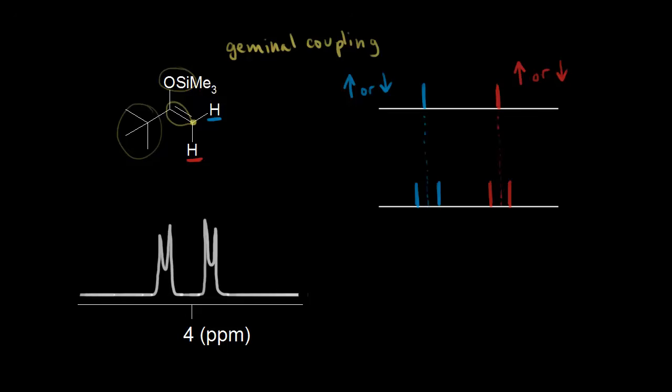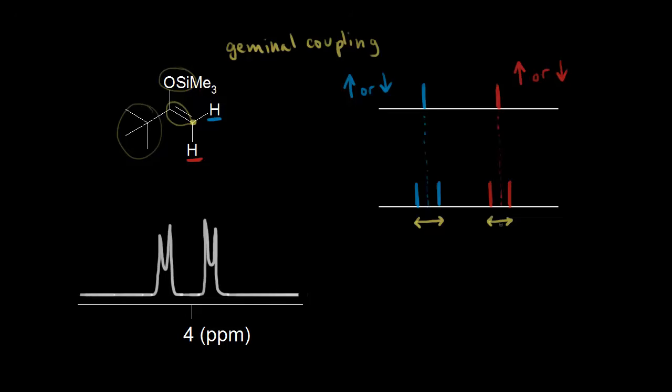In this video, we're more concerned with the idea of the coupling constant. The coupling constant refers to the distance between the peaks of a signal. So the distance between the two peaks of this signal is the coupling constant. And the coupling constant is the same for both of these signals because these protons are splitting each other. They are coupled together.